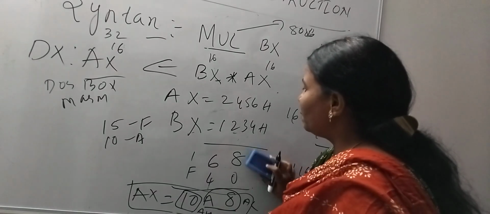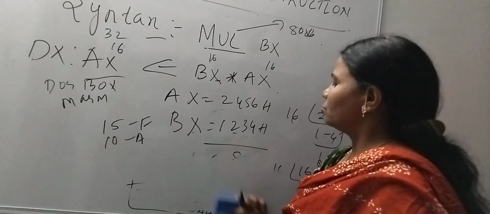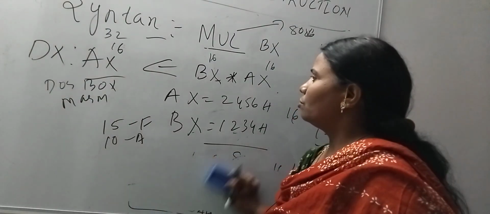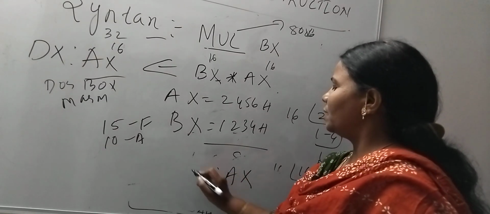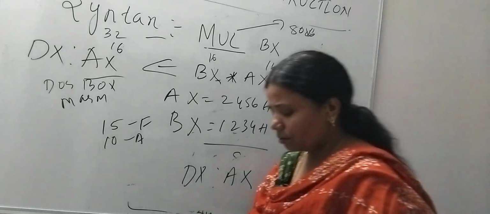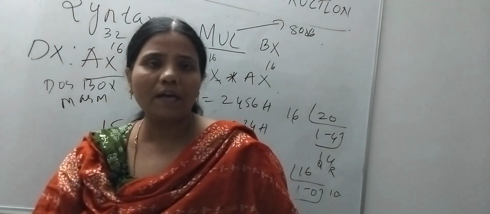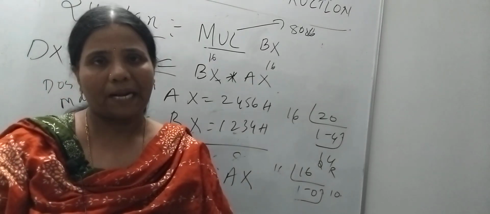When we multiply, the result is present in the AX register, the first 16 bits, and in the DX register, the next 16 bits. In this way you can check the result and verify theoretically and practically on the system.